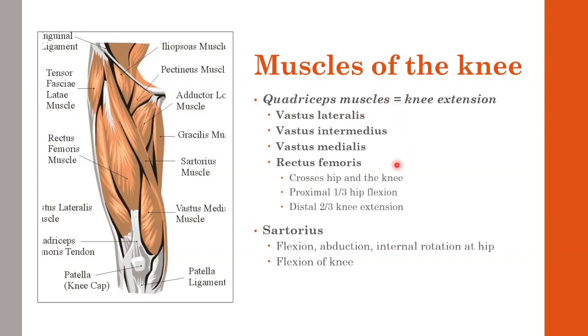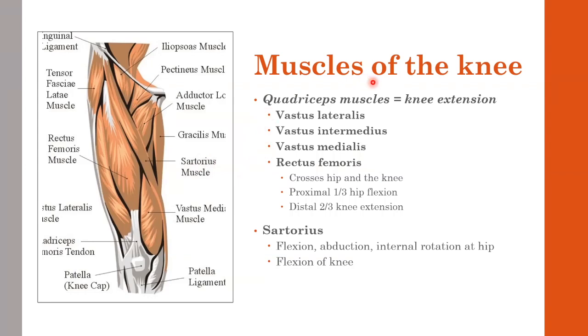Along with our rectus femoris, which also crosses the hip joint, we also have our vastus muscle group. This would be our vastus lateralis, our vastus intermedius, and our vastus medialis. Our vastus intermedius will be found deeper compared to our rec fem, our VL, and our VM.